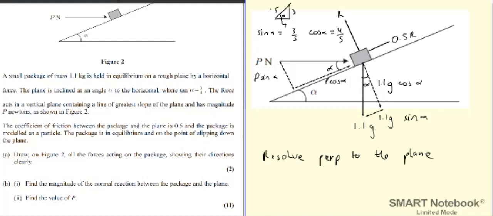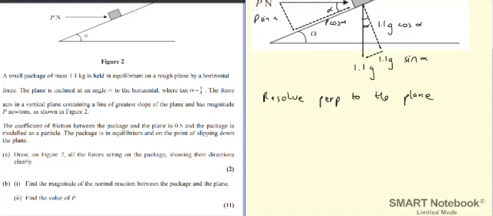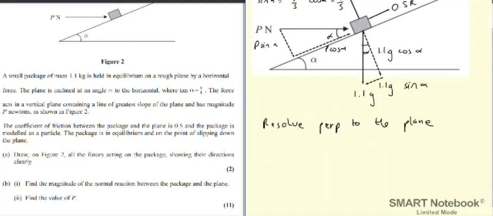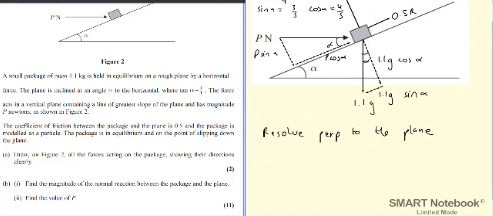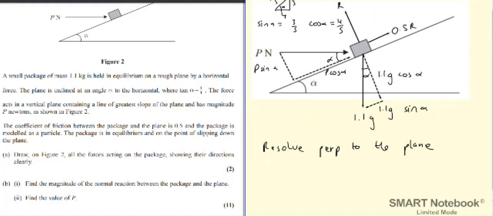So if I resolve perpendicular to the plane now, where do we get up to? We have positive R going in that direction. We've got minus P sine alpha, I'm going to say minus 3/5P.